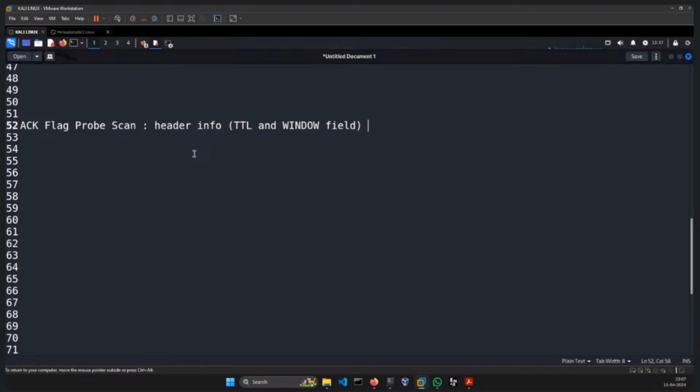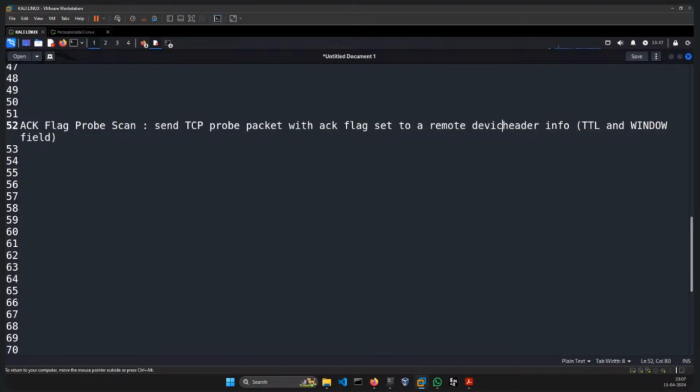Let me just write it for you again. It sends a TCP probe packet with the ACK flag set to a remote device, right? Then this will be present in the response.